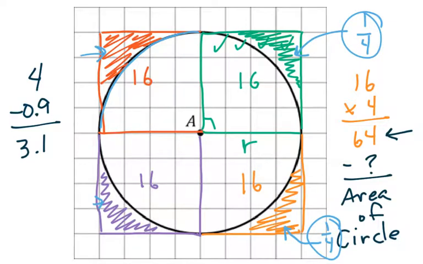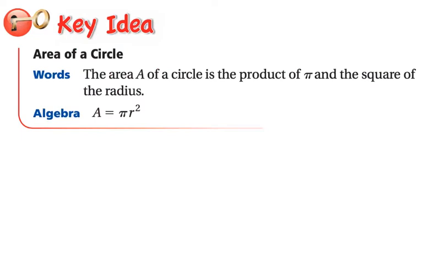Now, that 3.1 should hopefully be a familiar number, at least really close to a familiar number for us, because you guessed it, the real number, since we estimated here, is actually about 3.14, better known as about pi radius squares. And that leads us to our formula.